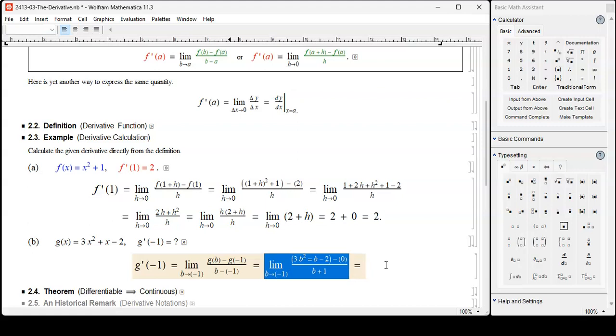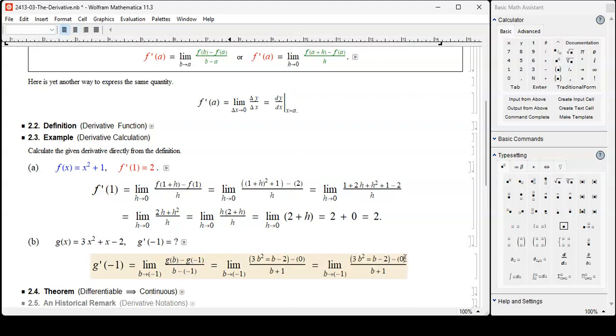Okay, let's rewrite this. I don't need this 0. And is this a 0 over 0 type limit? Of course it is. Let's factor it. Denominator is okay. How about the numerator? Did I factor correctly? -2, +3.